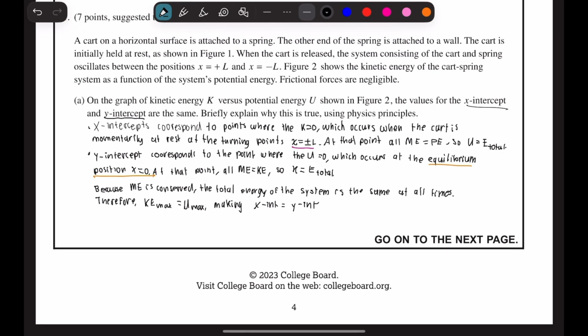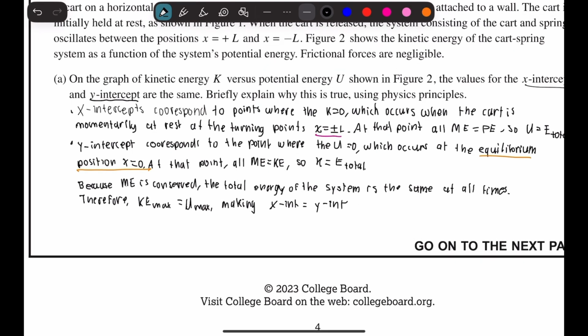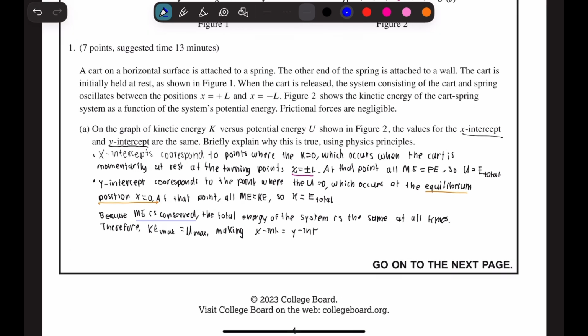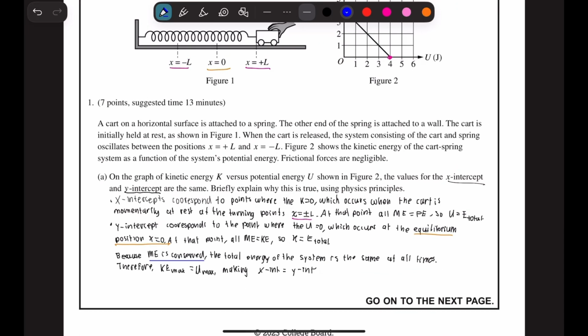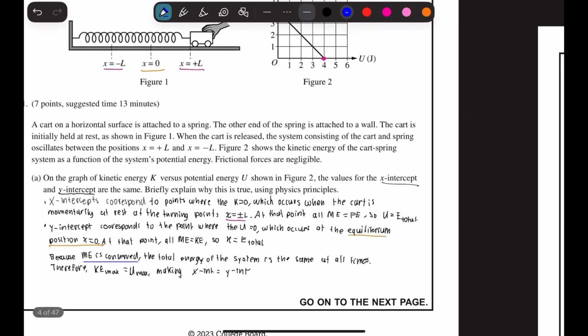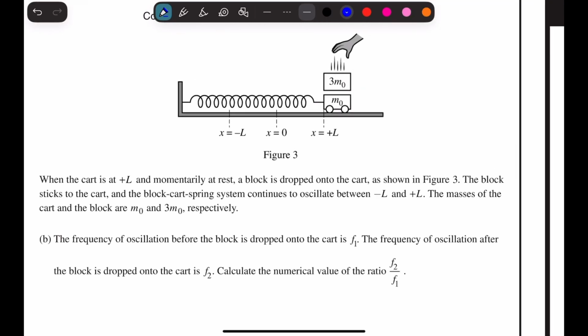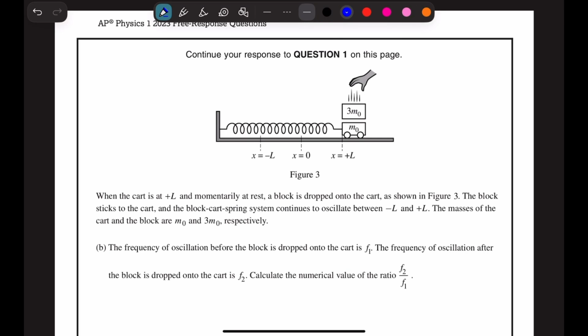So this uses the principle of the conservation of mechanical energy, and we use the physical concepts of intercepts. So this is also a clear way you should be formatting your FRQ responses. So now let's move on to the next portion.